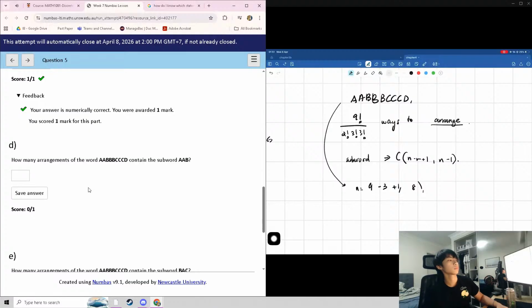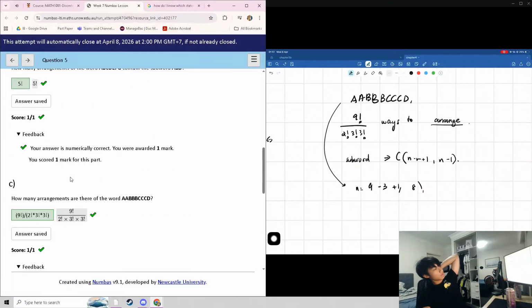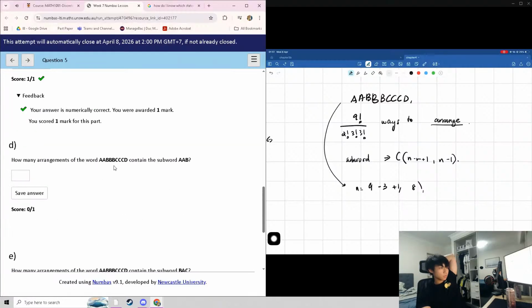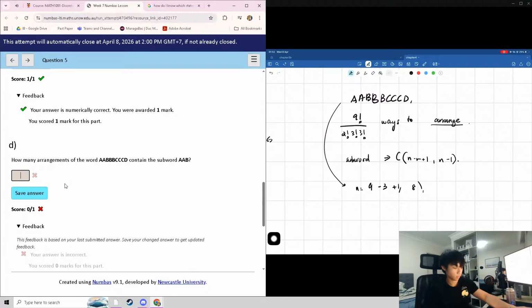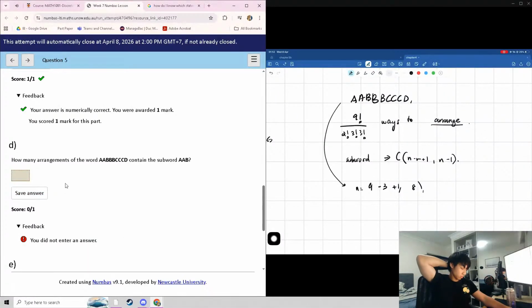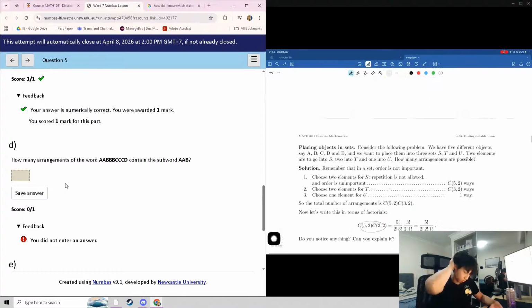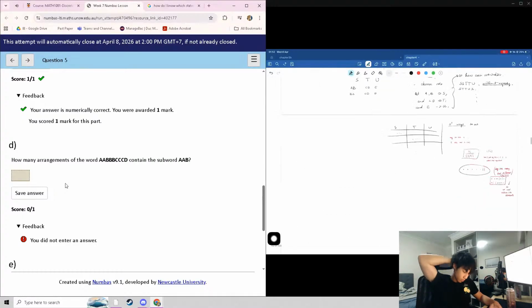What? Why did I do 5 factorial? If I split it, that's 1, 2, 3, 4, 5, 6, 7, 7. Place it in set. Nope.